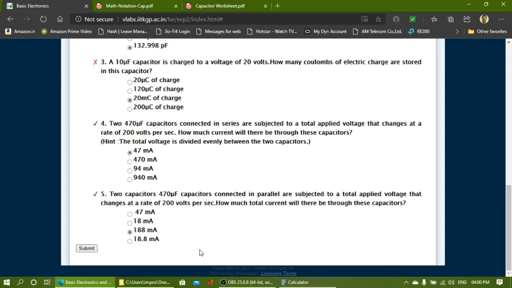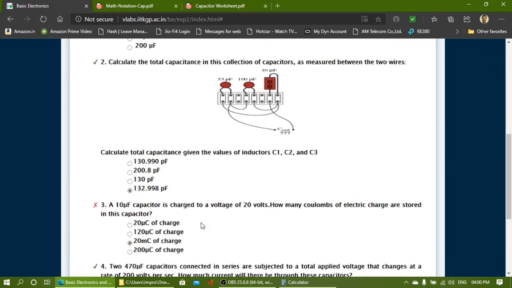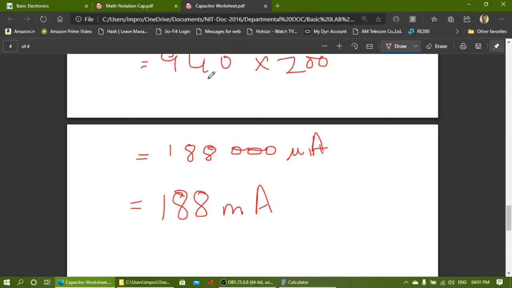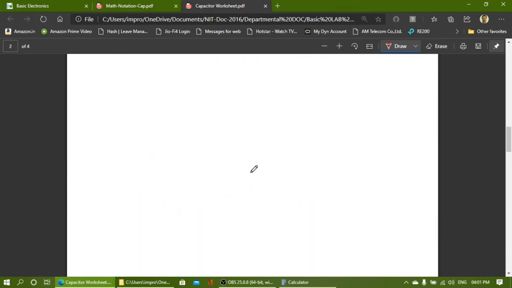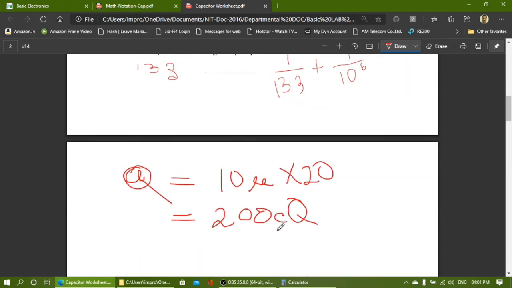Now click on submit. See, for question number 3 we had already selected our value of 200 microcoulomb, but somehow it has been changed. So correct it from 200 microampere. Let's find again this one.